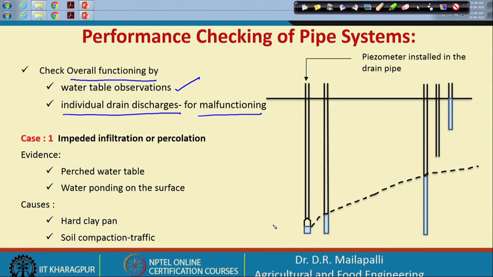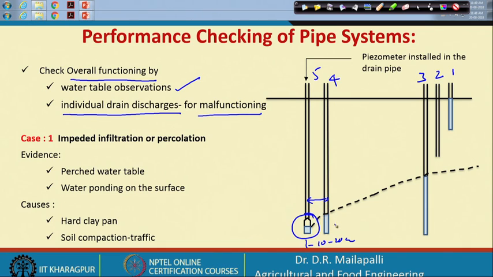Here, this is the drain pipe, and these are the piezometers, let us say 1, 2, 3, 4 and 5. Piezometer 5 is installed exactly in the drain pipe, and 4 at a distance of 10 to 20 centimeters from the pipe, just outside the envelope.